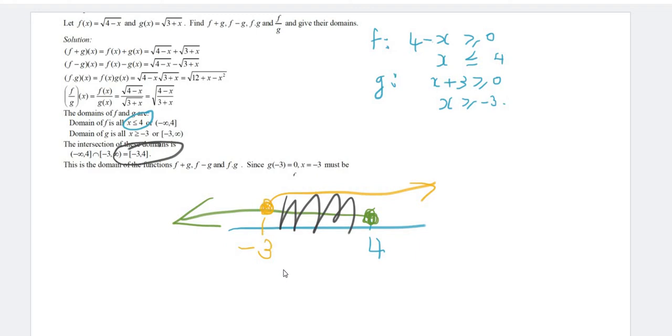So in other words, for the last one, which is then f over g, the domain will be minus 3 up to 4, but the minus 3 will not be included. That's the only difference. Okay, so that's how we find the domain and the range for combining functions.